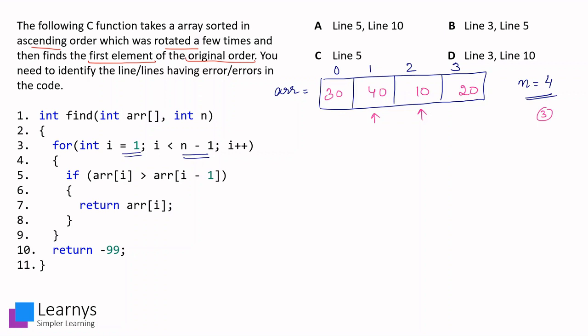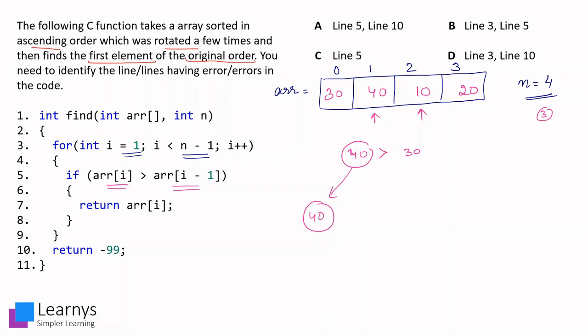Inside the loop, it will compare the current element, that is arr[i], and the element just behind it, that is arr[i-1]. So the first time 40 will be compared to 30 and it will check whether 40 is greater than 30. Since it will be true, it will return from here, returning arr[i], that is 40, which is the wrong output.